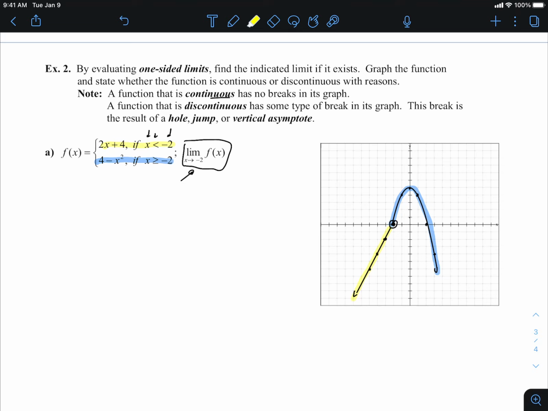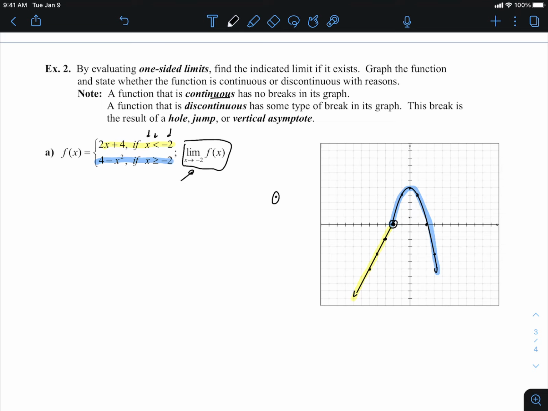Now we need to make the decision about what's going on graphically. Is this graph continuous, particularly around the limit as x approaches -2? Well, it turns out that if you have a hole like this, and holes exist because we don't actually include the x value, it's not less than or equal, and on top of that there's a point on top of that hole as well, the point actually knocks that hole out.